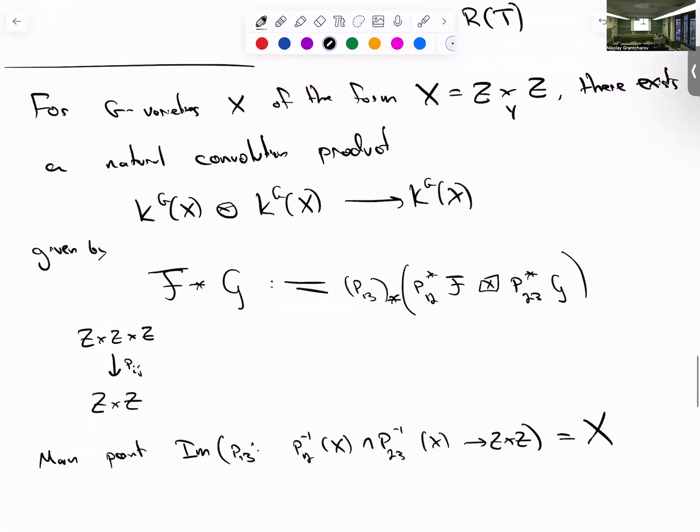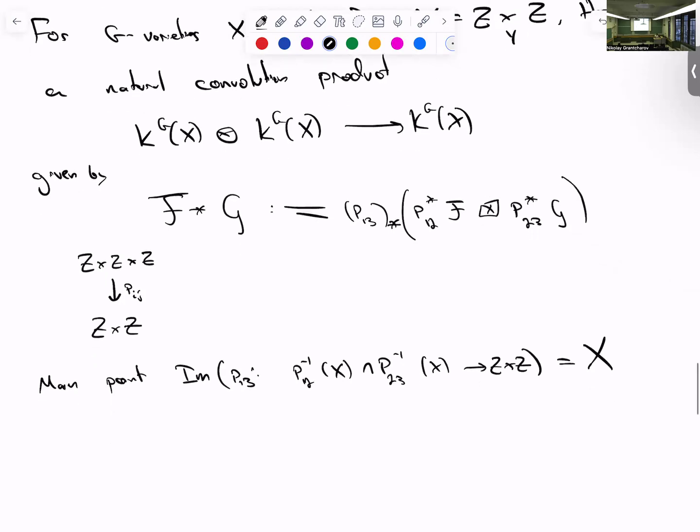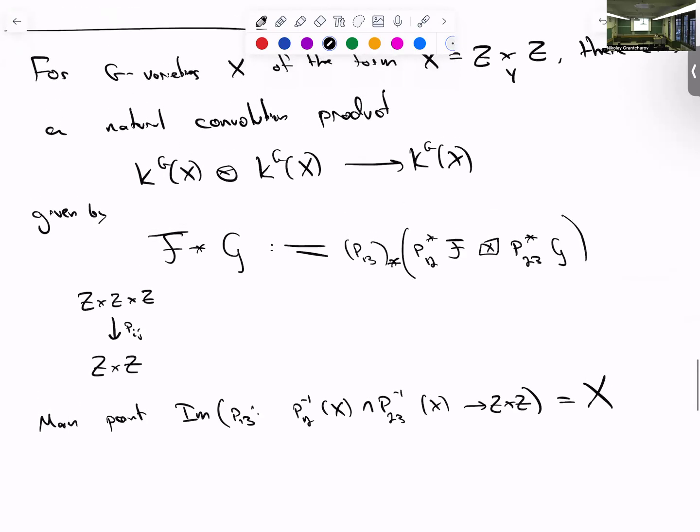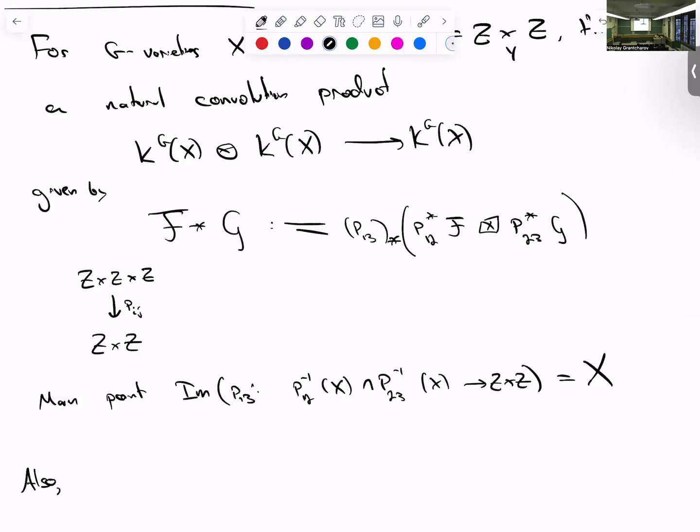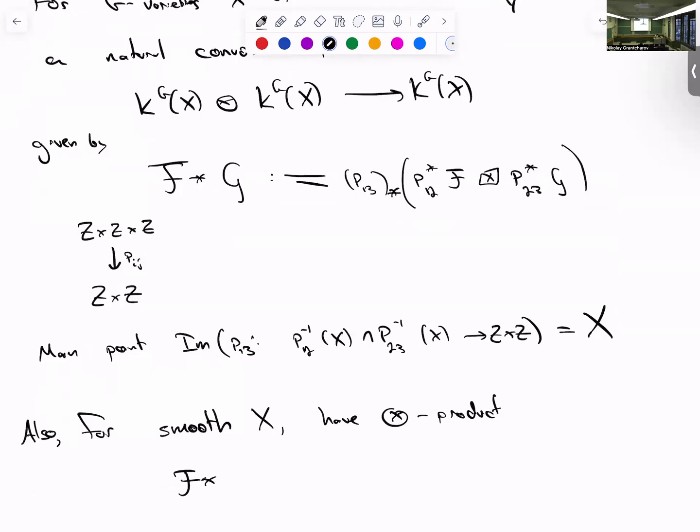So obviously for us, X will be the Steinberg variety, which is defined in this way. There's also another big class of varieties for which there exists a natural convolution, and those are smooth varieties. So this is like the Springer resolution, like the cotangent bundle of G mod B. F tensor product G agrees with the convolution product.